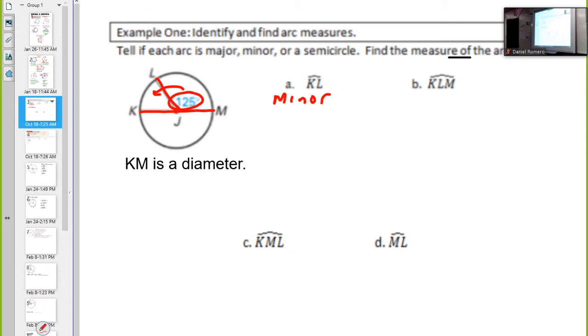Supplementary, so that means they add up to 180. So if I want to find what's missing, I have to subtract it from 180. What is 180 minus 125? Good job. 65 degrees, good.